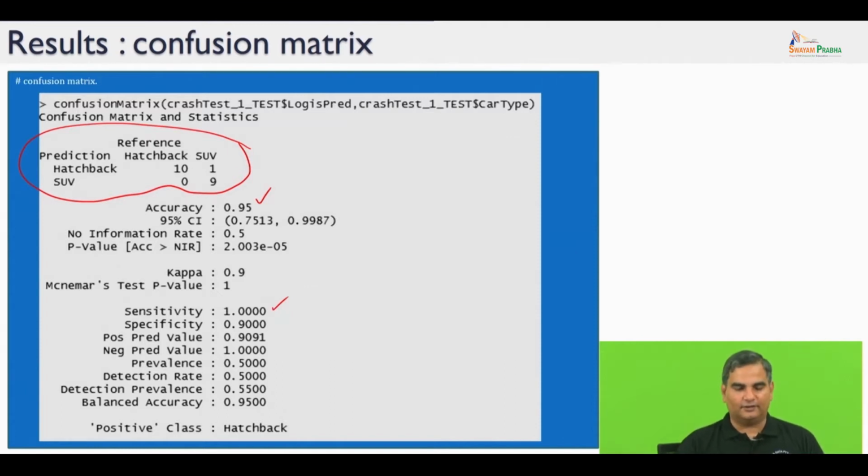That is the kind of example problem that we have here. Really the two classes are hatchback and SUV, and this table that you see right here is what is called the confusion matrix. This is the result that you typically get.